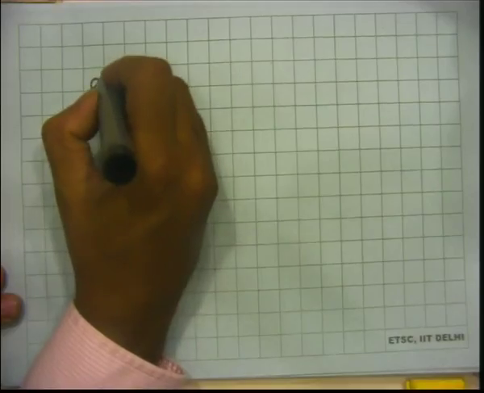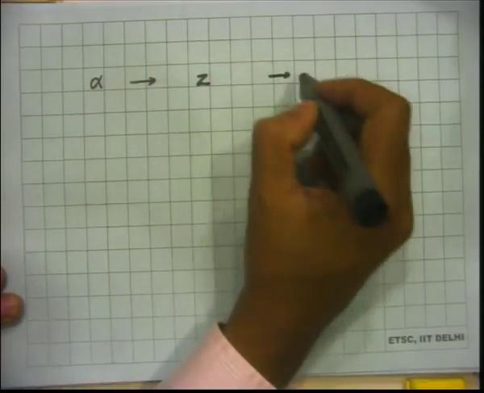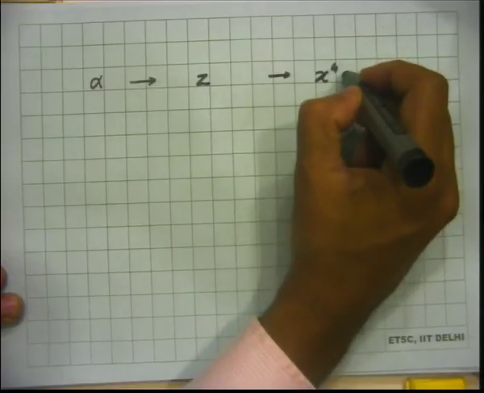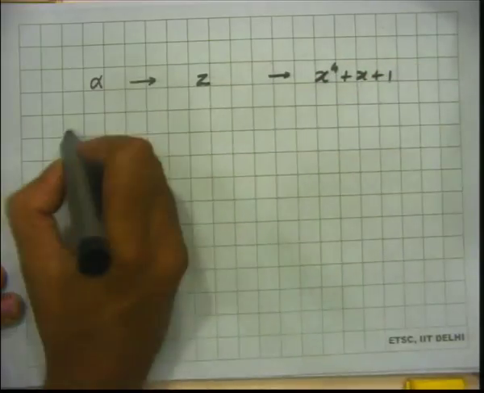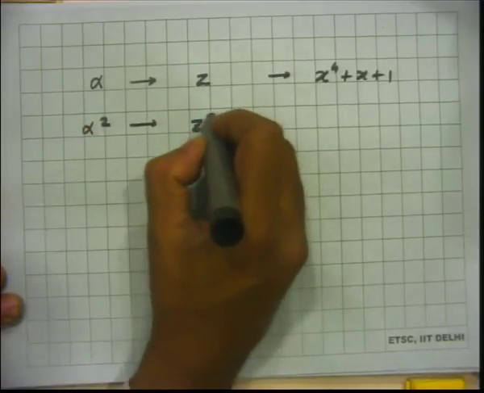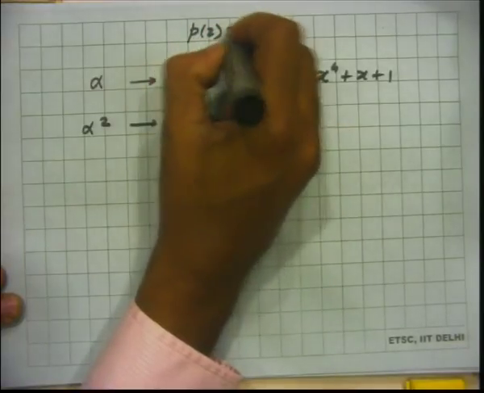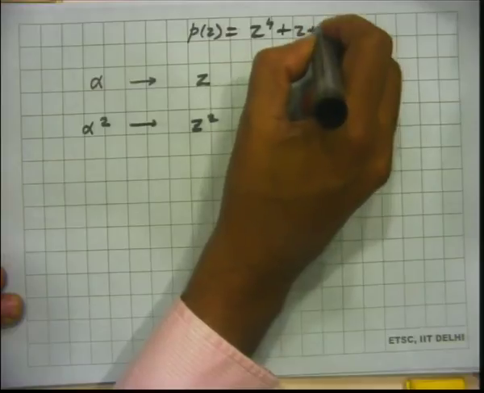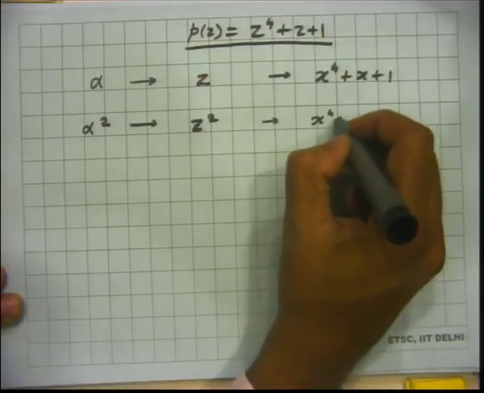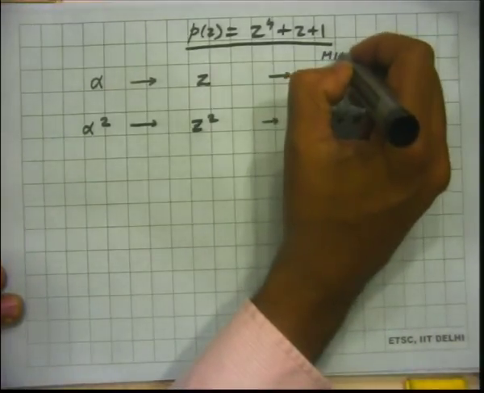So, you have alpha corresponding to z, and you will realize that I have written the minimal polynomial x raised to the power 4 plus x plus 1. Similarly, alpha squared is z squared, because we are taking p(z) equal to z raised to the power 4 plus z plus 1, and again it has the same minimal polynomial. Why? Because they are conjugates.